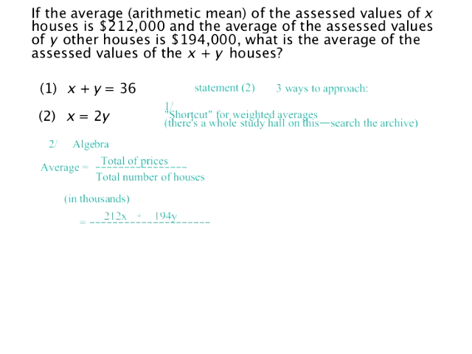But then we know that x is actually equal to twice y. So that's going to be 212 times 2y plus 194y, over 2y plus y. The point is, I don't have to do that arithmetic on the top. That's just some number times y over 3y. And so y is going to cancel out, and I'm going to get a number for my average.